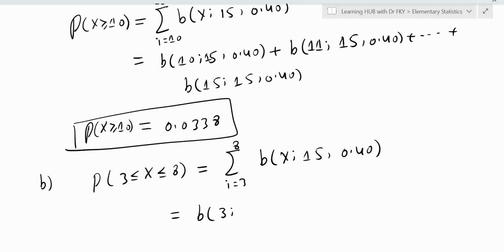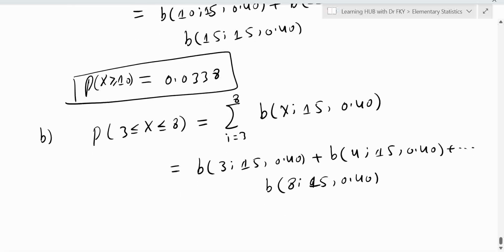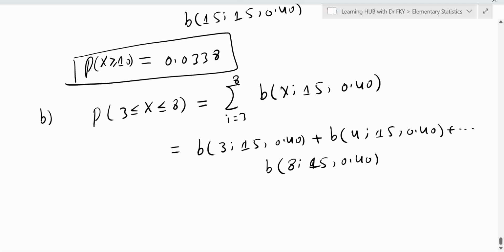Binomial 3, n, 0.40, plus binomial now 4, 15, 0.40, and we will go until binomial 8 only, 15 is n and 0.40. Again, you know how to solve each of these terms as we did already. You just need to put in the binomial distribution function x 3, n 15 and p 0.40 and q is equal to 0.6. So you can solve this.